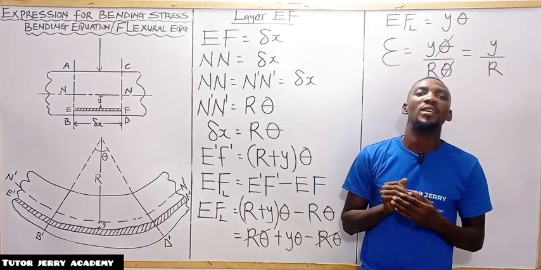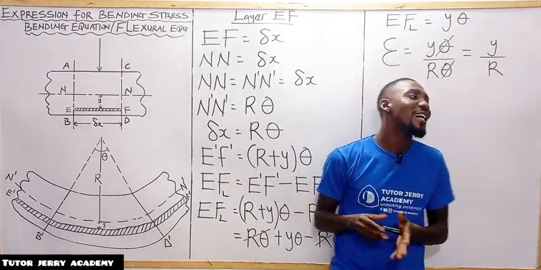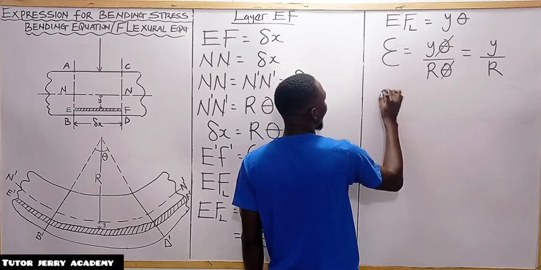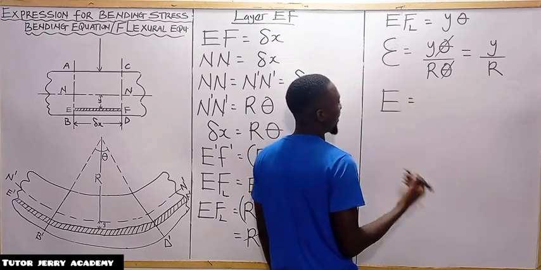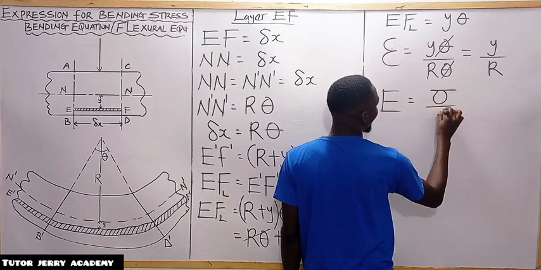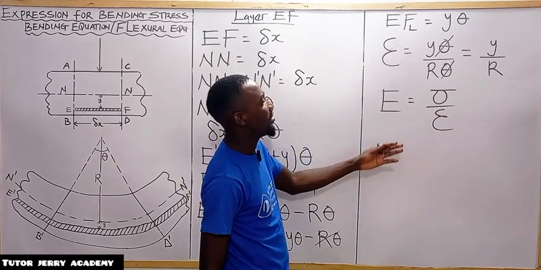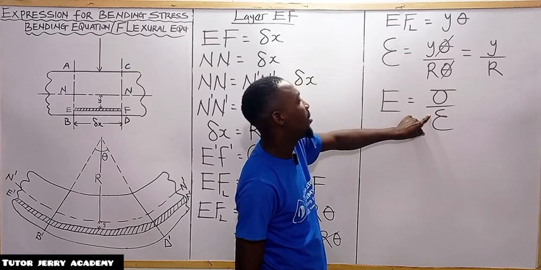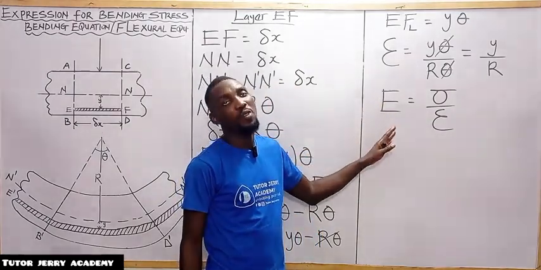So the next thing we are going to consider here, from Hooke's law, we know that our Young modulus, which is denoted by capital letter E, is equal to what? Is equal to stress all over what? All over strain. Stress all over strain. All right, so don't forget, we are considering this Young modulus for what?